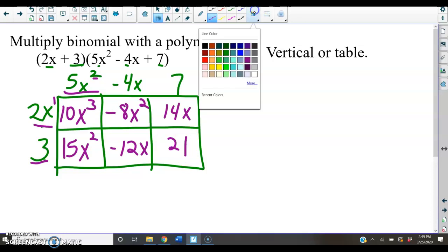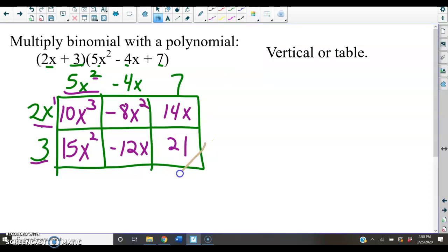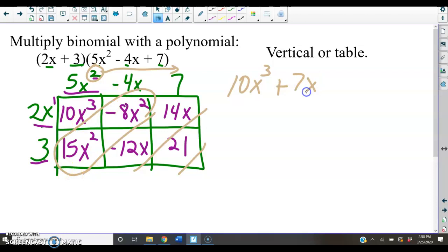Okay, notice how this is so closely related to the lattice multiplication now. The like terms are at diagonals if you went from the highest degree down. And that's one of the reasons we had to do descending degree of your variable's exponents. So this is going to become 10x cubed plus, because now I'm going to combine these two, plus 7x squared.